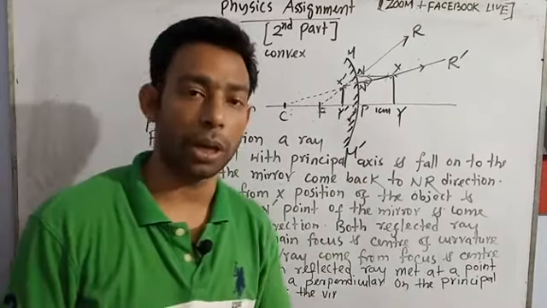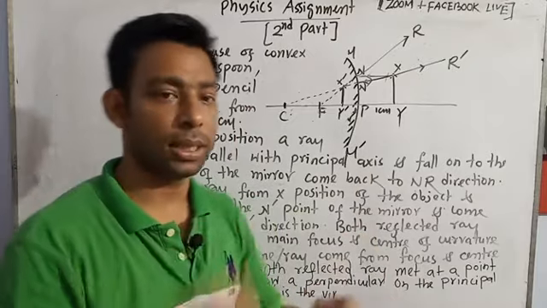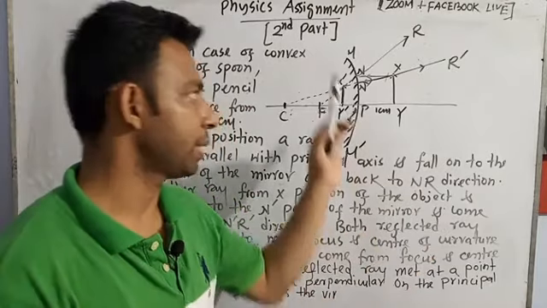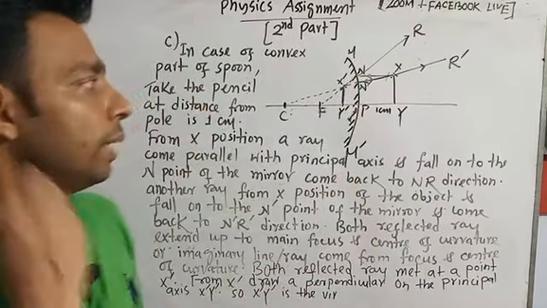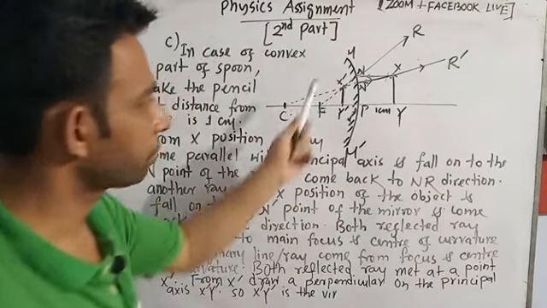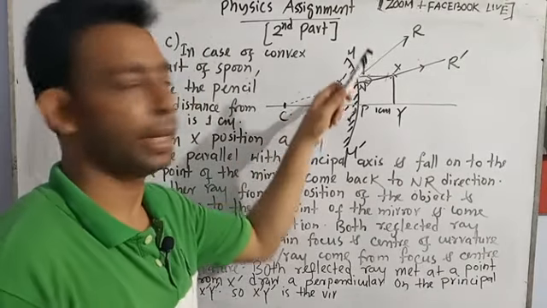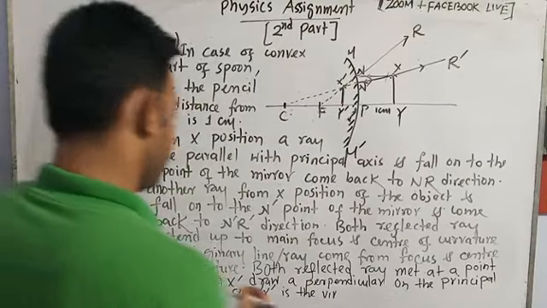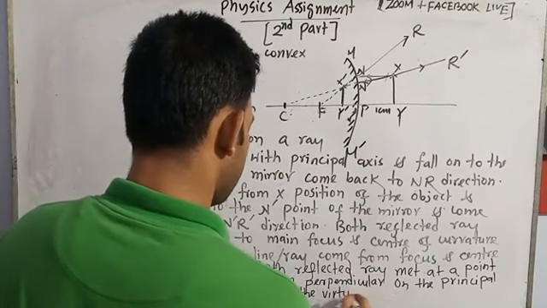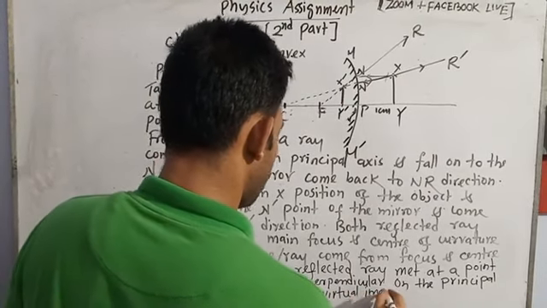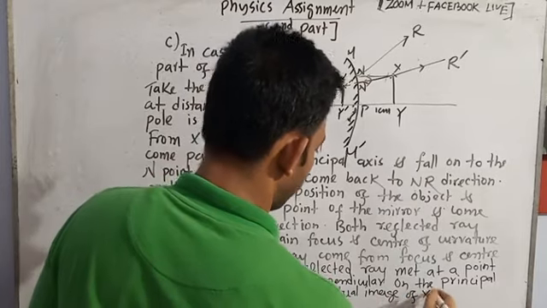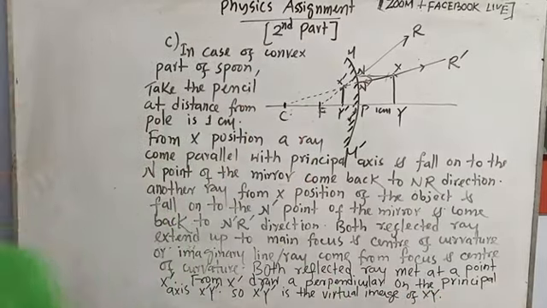In case of the concave mirror we have seen that normally the rays meet there, but now both imaginary lines meet at the point, which is the virtual image of xy. Write-up completed now.